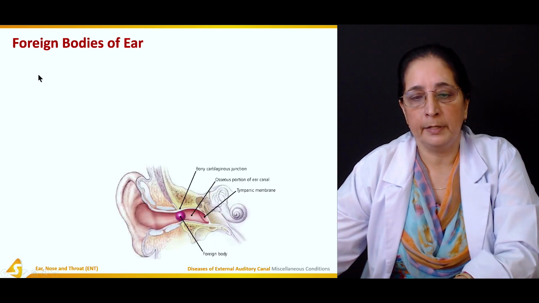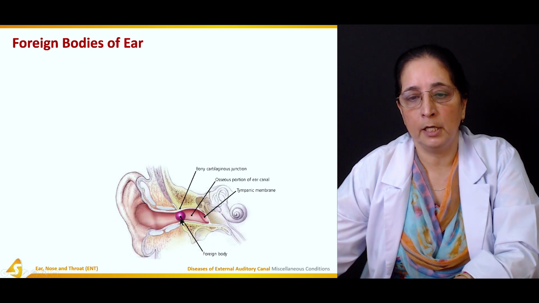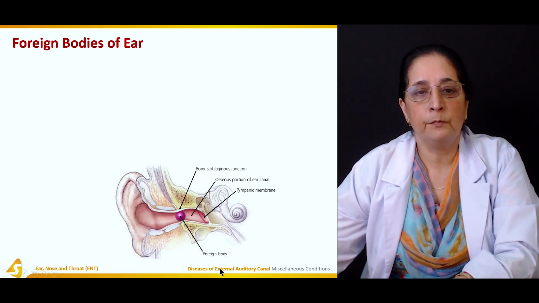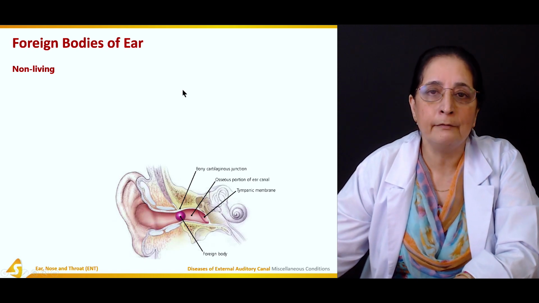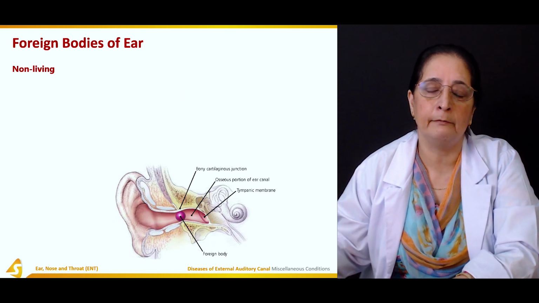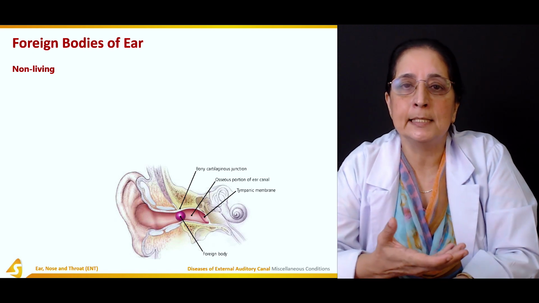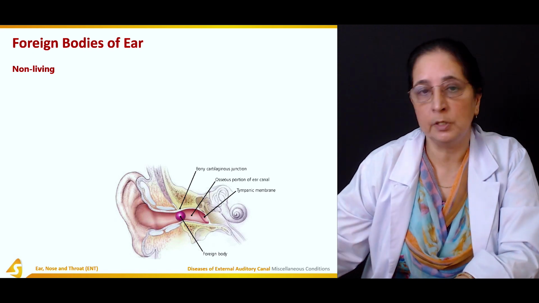Foreign bodies of the ear. This is the foreign body. You can see different foreign bodies can be non-living or living, like insects or flies that can go into the ear too.